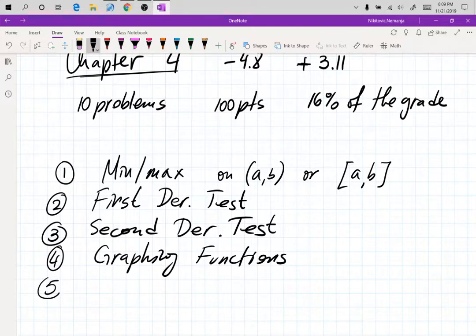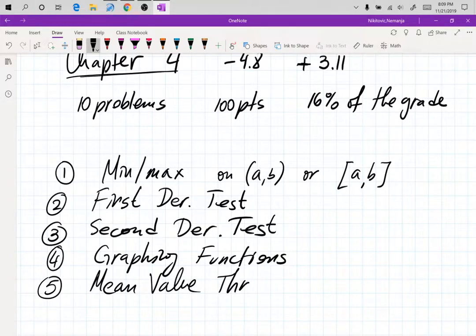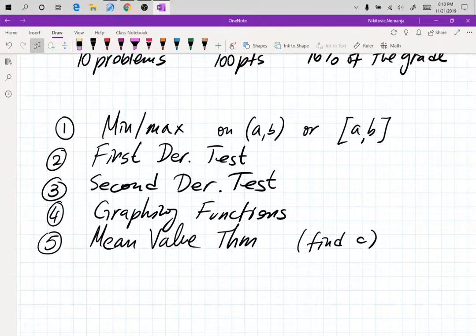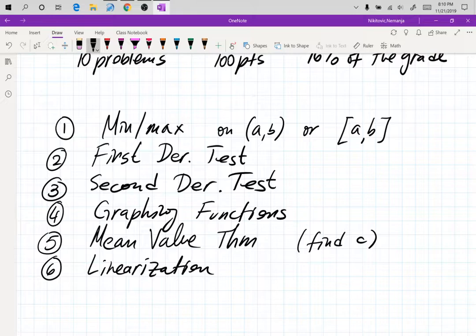Number 5, we have the mean value theorem, which is where you find c. You know what that means when you look at it. Number 6, we have linearization. I will put in parentheses tangent line.